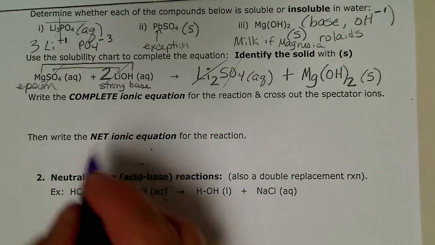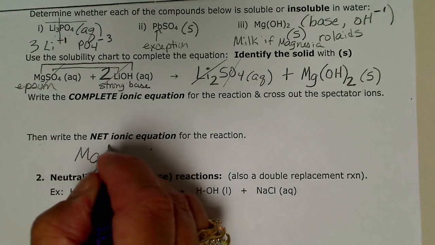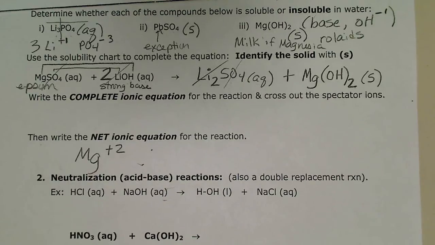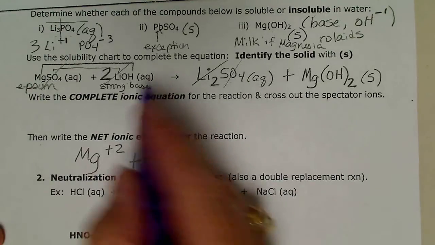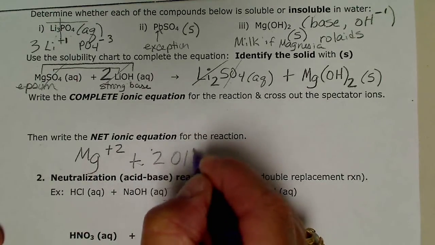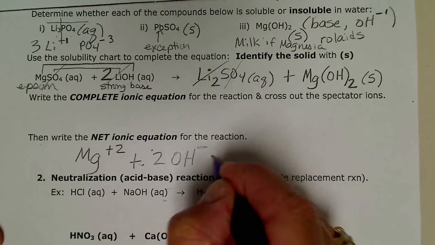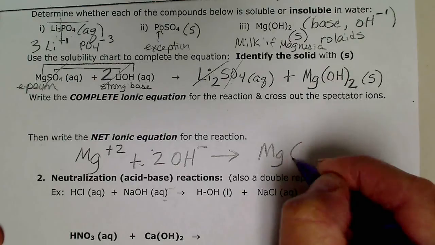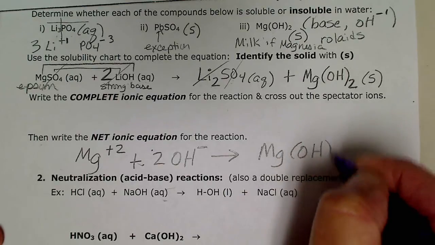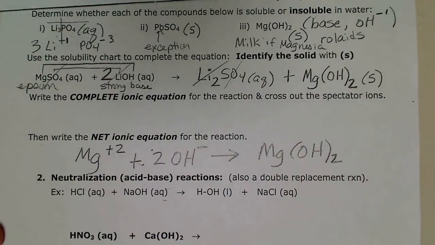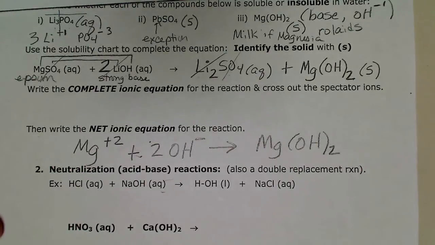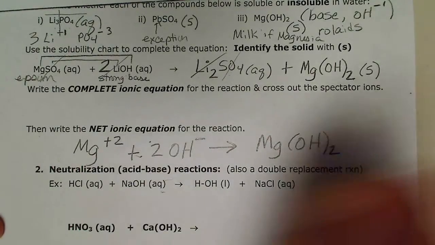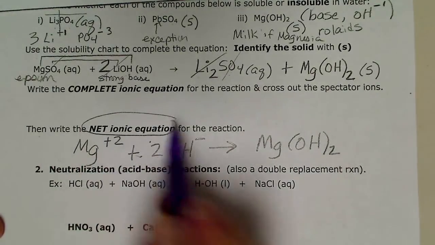magnesium. So our net ionic equation is magnesium ion plus 2 hydroxide ions would give us the solid magnesium hydroxide. And the reason we say net ionic equation is if we're doing this experiment, this is what we see happening in the beaker.